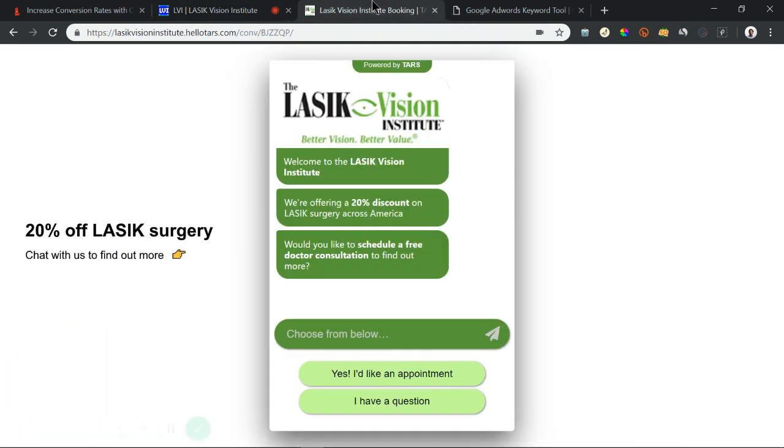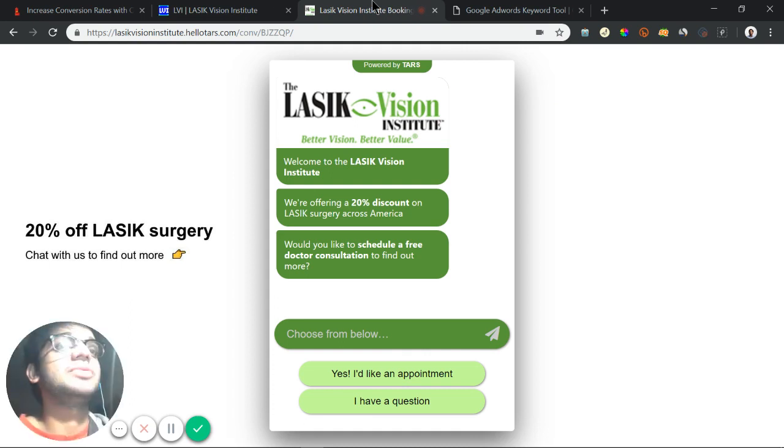And that ensures that prospects are going to be reading all the information that the company sends them, which increases the chances of them converting into an actual lead.